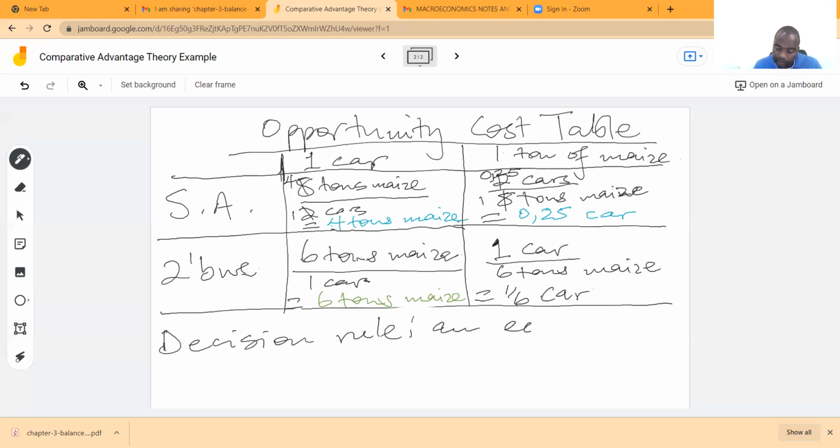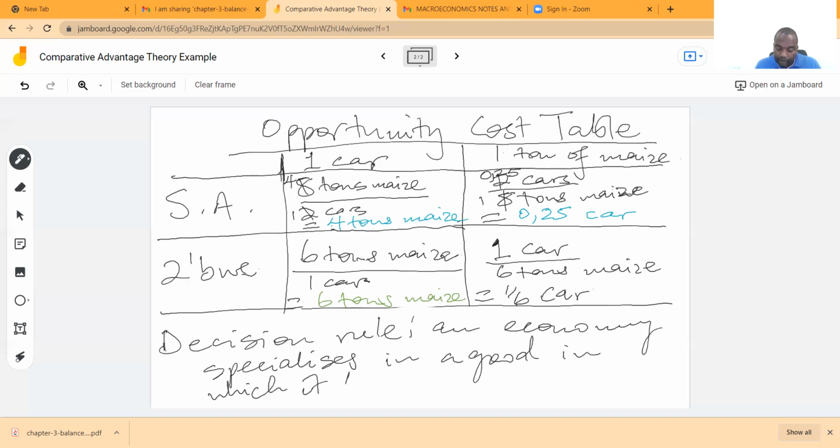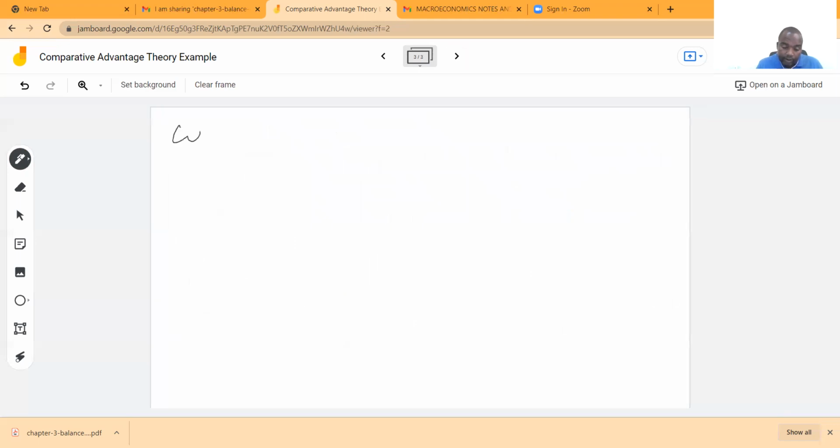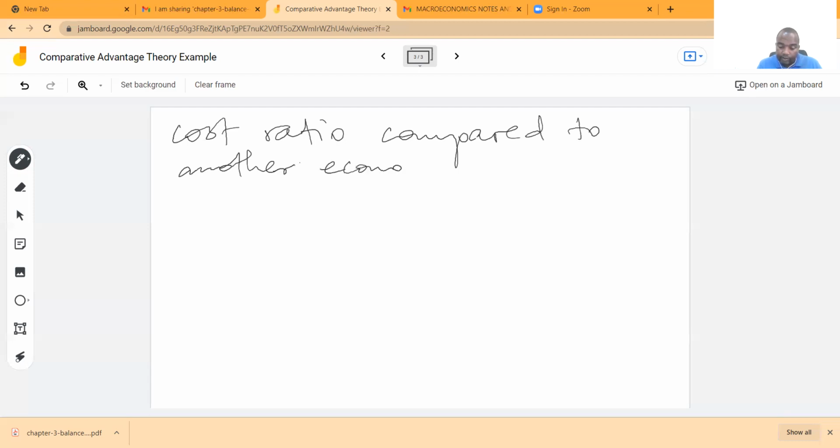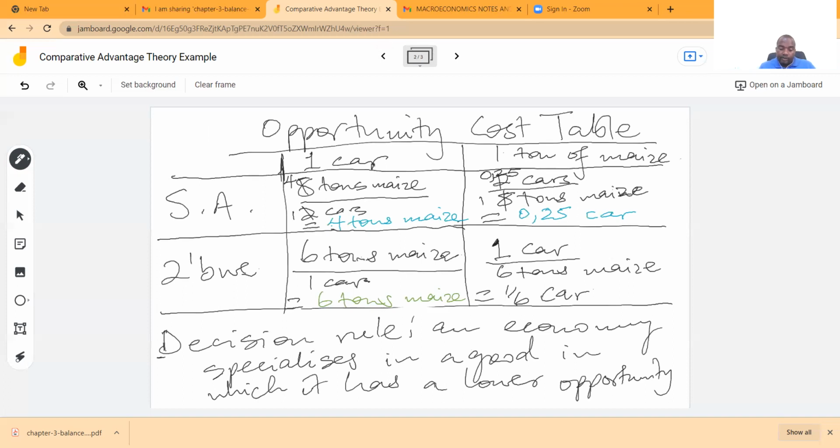So an economy specializes in a good in which it has a lower opportunity cost ratio compared to another economy.